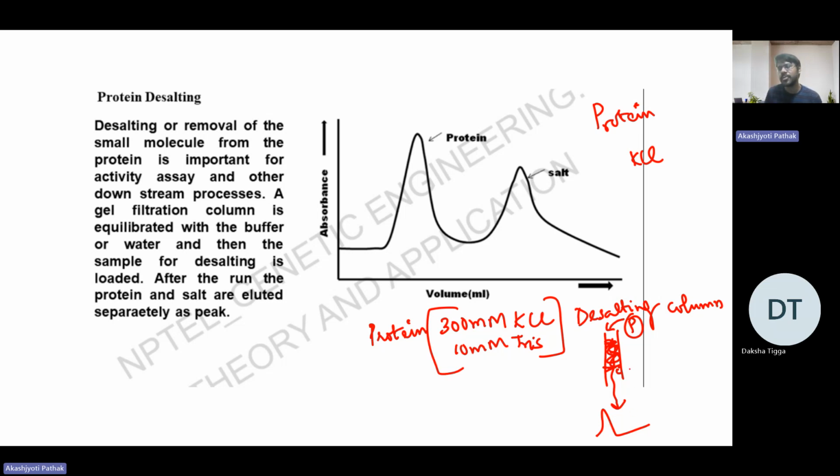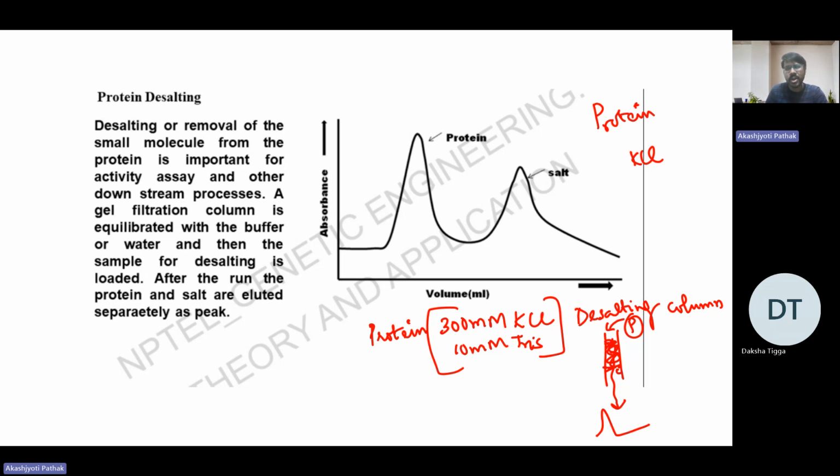So if you want to remove the salt from the protein, or for example do a buffer exchange, for buffer exchange also we can do protein desalting. These are things which are commonly done if you are working with any protein and want to do any characterization or studies with it.